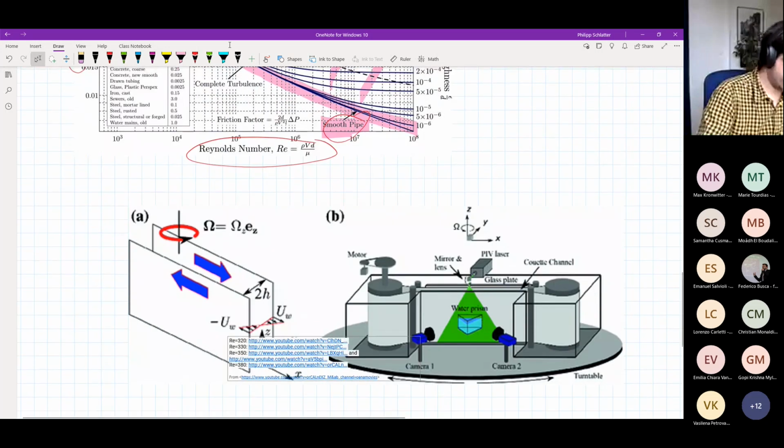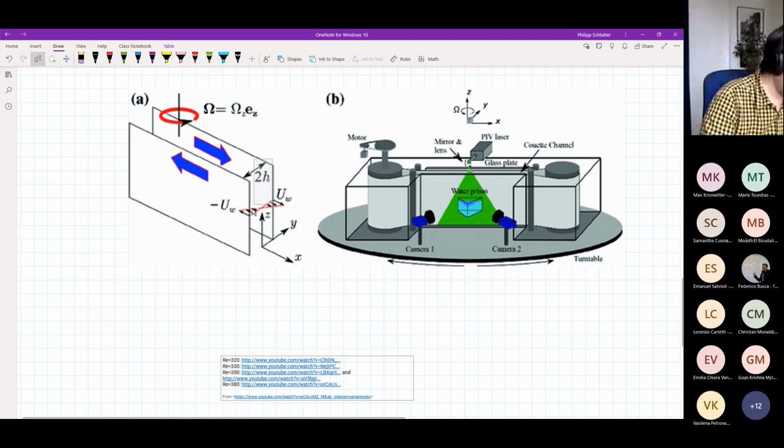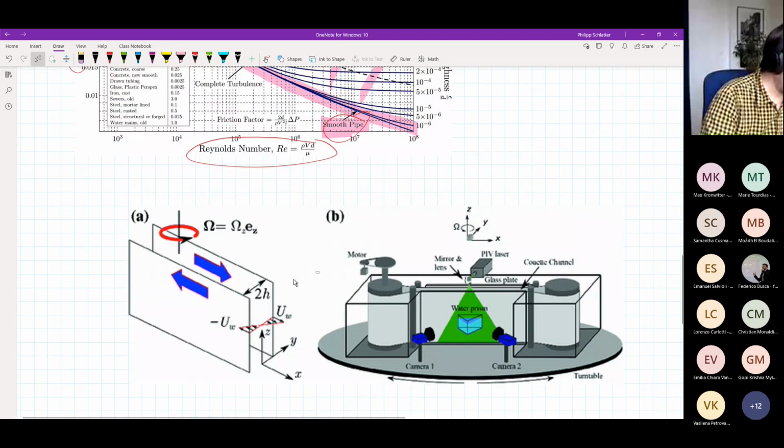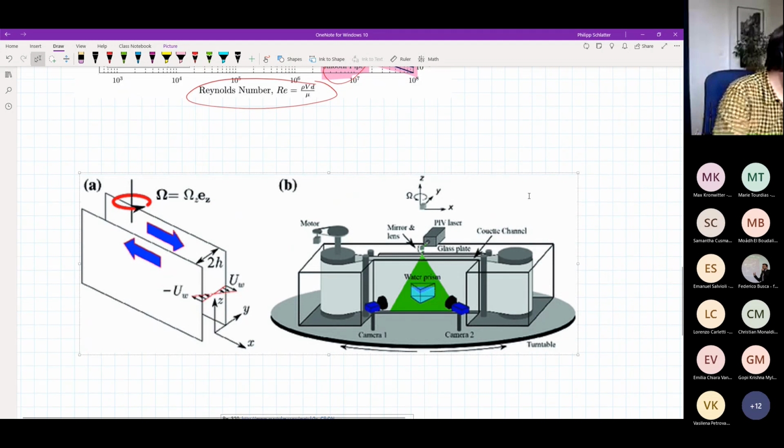The second aspect that I wanted to talk to you about is actually a little bit more about couette flow and how one can reproduce couette flows both in experiments and simulations.